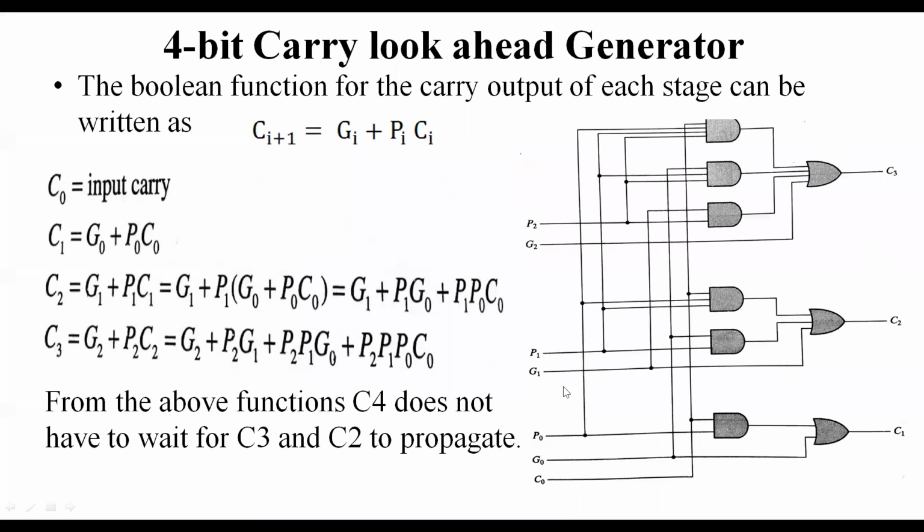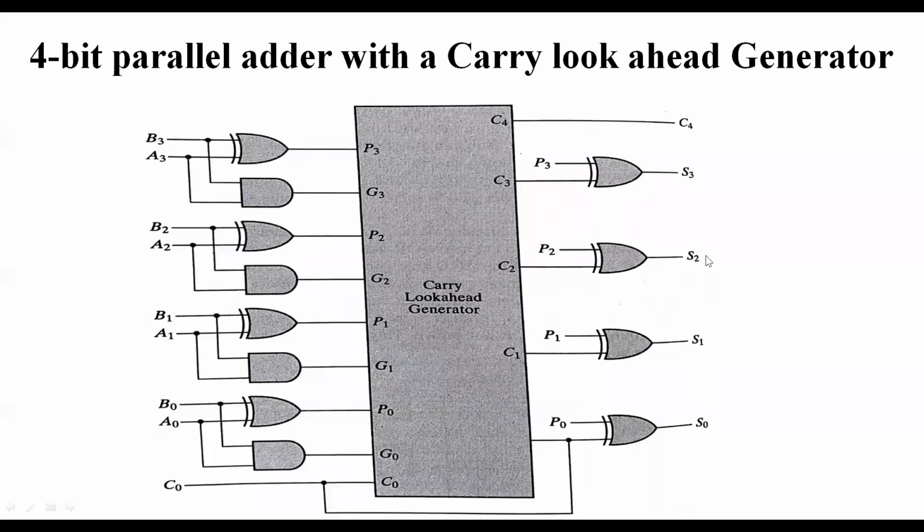This circuit is internal to this IC, the carry look ahead generator. It will generate the carries: C4, C3, C2, C1 are generated, and S0. By using this circuit, we are generating the sums S0 to S3 and the carry output C4.